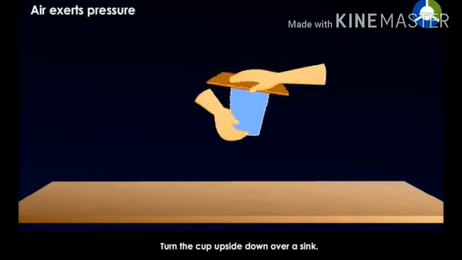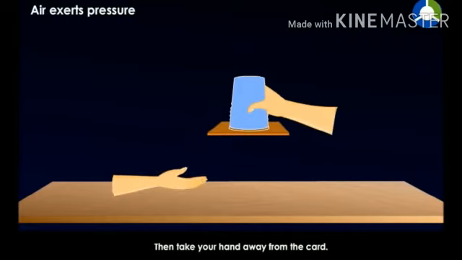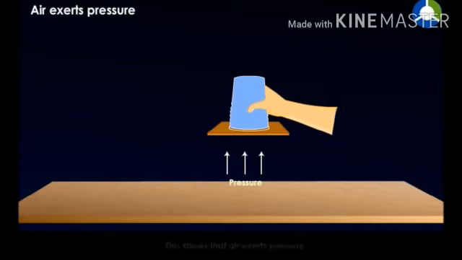Turn the cup upside down over a sink. Then take your hand away from the card. When you take your hand away from the card, the air below presses on the card and pushes it up. This shows that air exerts pressure.